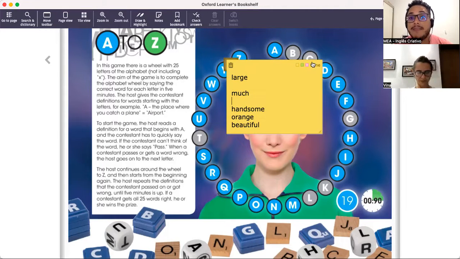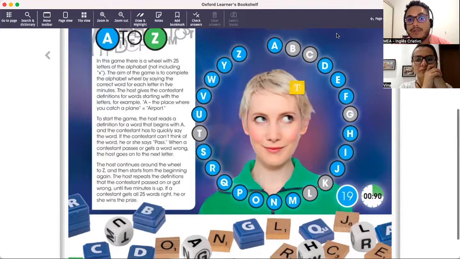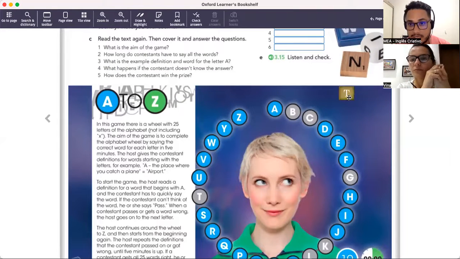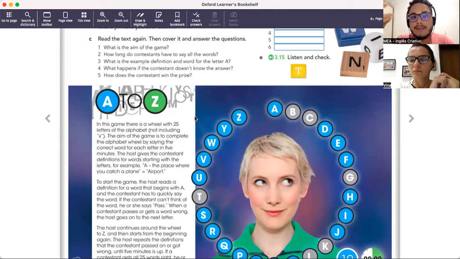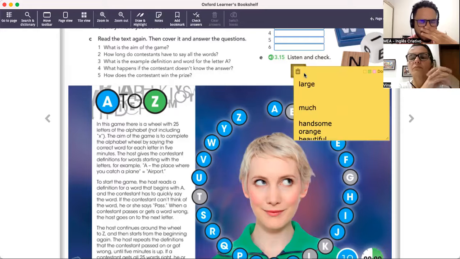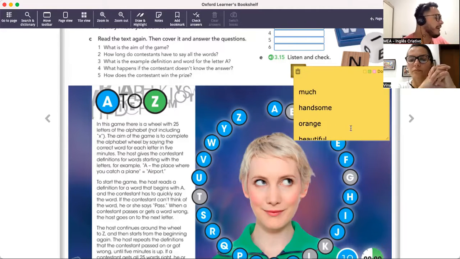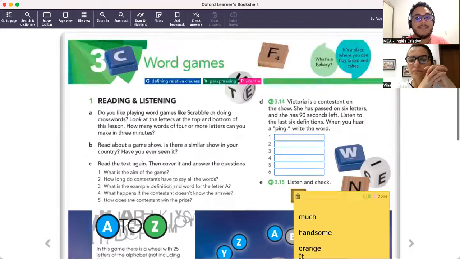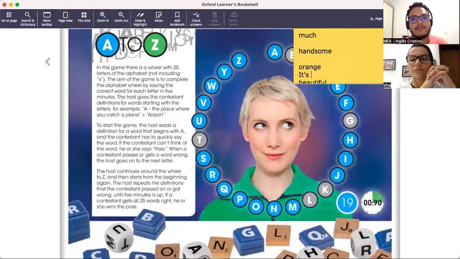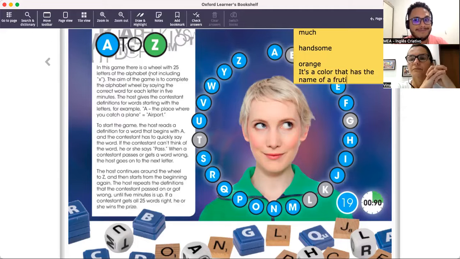Okay, dear, the point of this lesson today, Vina, is going to be to explain some words in English. It's one strategy when you are talking in English: to explain a word that you don't know. For example, if you're going to explain orange, you can say it's a color that has the name of a fruit.